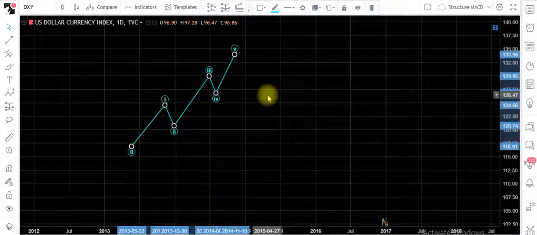Once we've identified what we've got, we interpret what structure each individual wave or smaller structure is making, and from that we can interpret what's going to happen next, or we interpret what we have, and then we make a forecast.